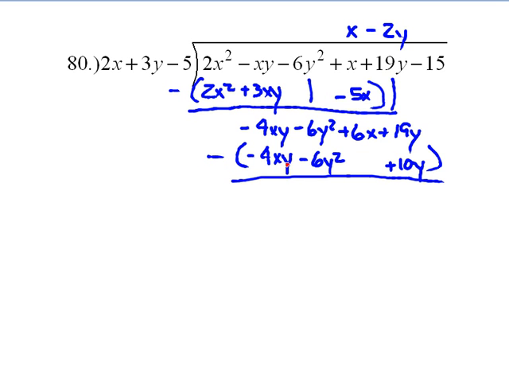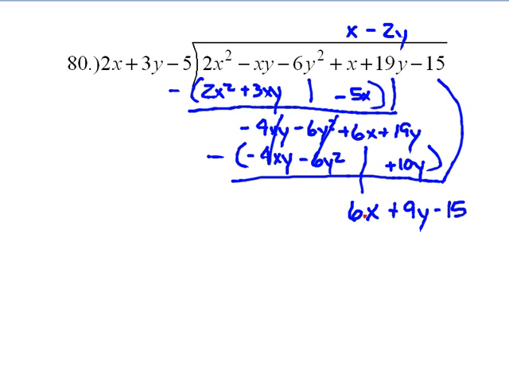Subtract that line. That cancels these out. This becomes a plus. That cancels these out. I have to bring down my 6x. And negative 10 and 19 is plus 9. And I bring down my negative 15. I do the same thing.